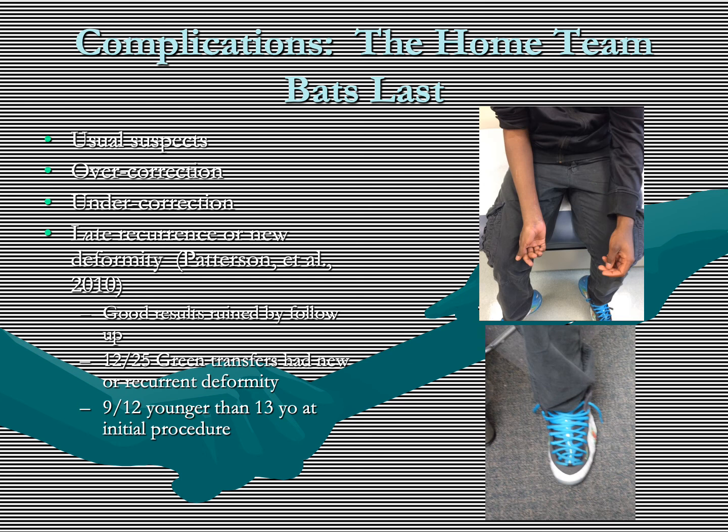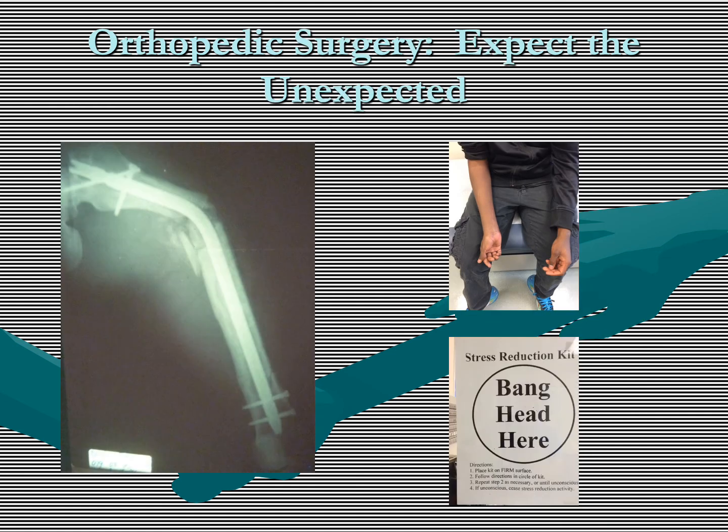Patterson in 2010 looked at 25 Green transfers that his group did, and this was another one of those cases of good results ruined by long-term follow-up. Half the transfers had new or recurrent deformity, and that was a more common problem in patients who had surgery before 13.